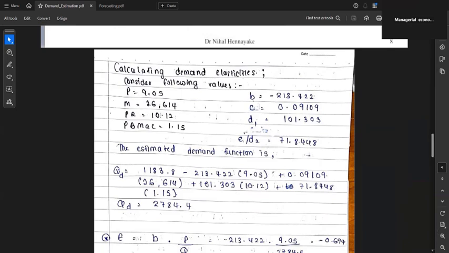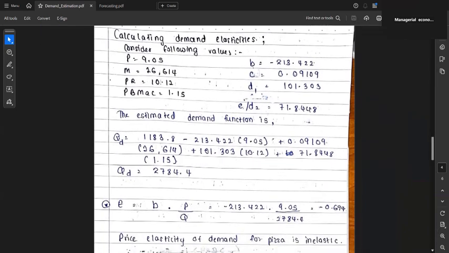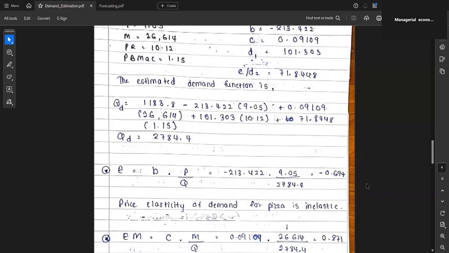Accordingly, by using the parameter estimates we have gotten and substituting the values we have assumed, we have obtained that the quantity demanded here will be 2784.4 units.